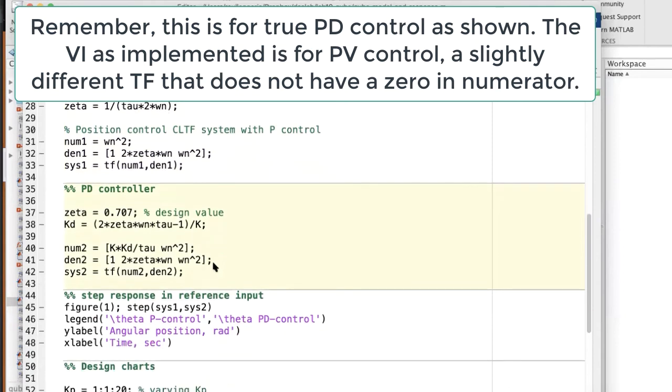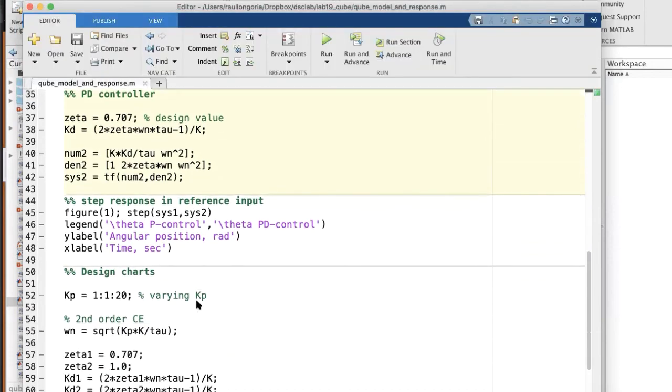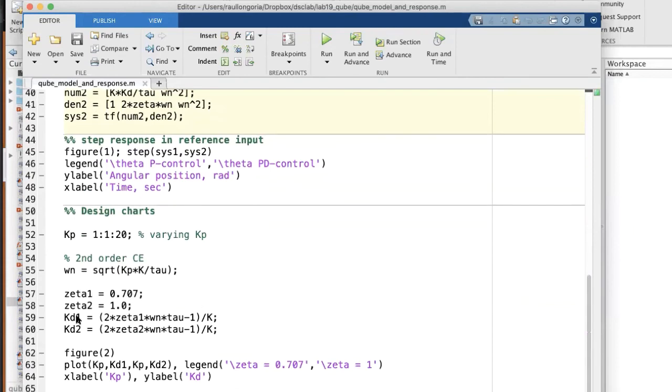And so I'm going to show you what this thing, when you run all of it, is going to show you both responses. And then this is the very end. I've plotted KD versus zeta and KP. So let me run this and go through and study the MATLAB code. It just implements the formulas.